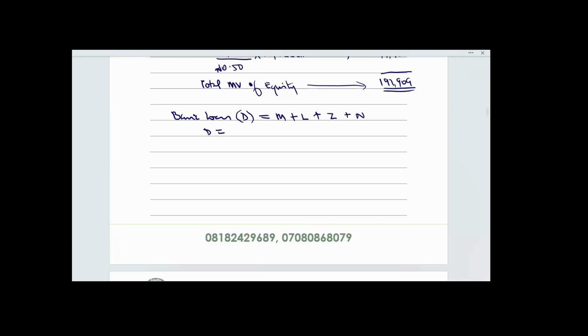The bank loan is 5,300, plus 12,600, plus 18,200, and the last one, 4,000. So let's add it up. 40,100. All right, so that's the total debt value.